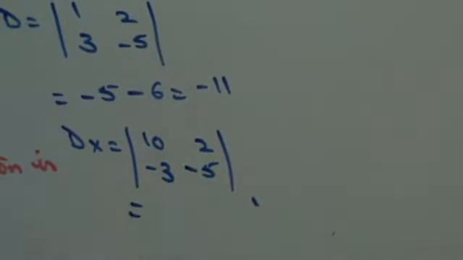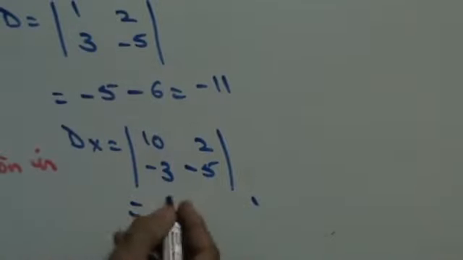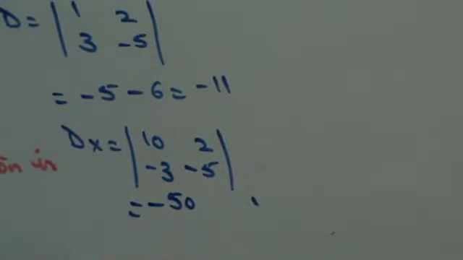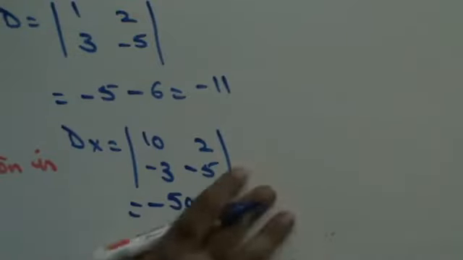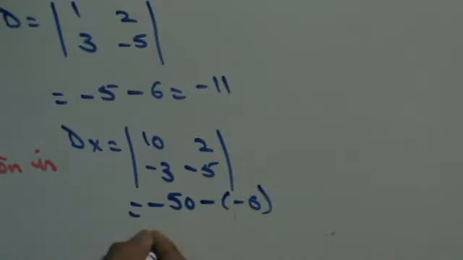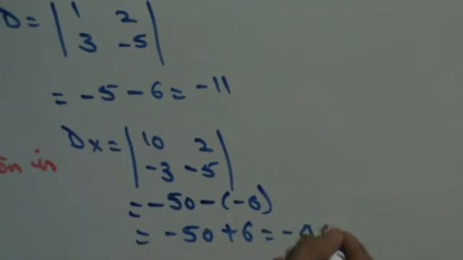This is going to be minus 50 plus 6, minus of minus 6. So this is minus 50 plus 6, that's minus 44.